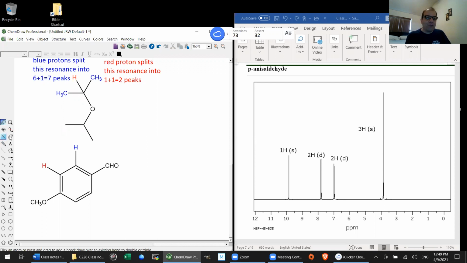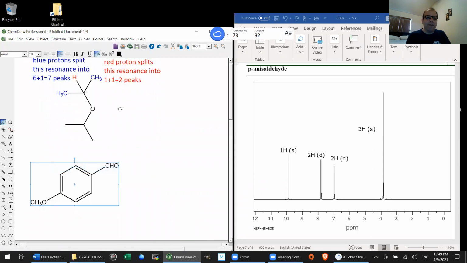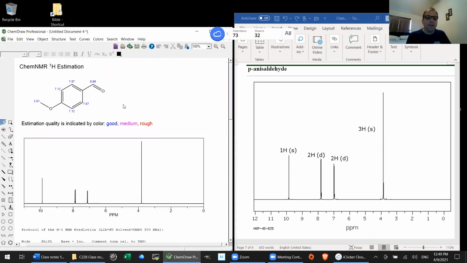For my last trick, let's end today by calculating this spectrum also. And we'll see how well ChemDraw does. Let's compare chemical shifts, and let's see how easy it is to see the splitting. There we go. Well, it's not a whole lot better, is it?